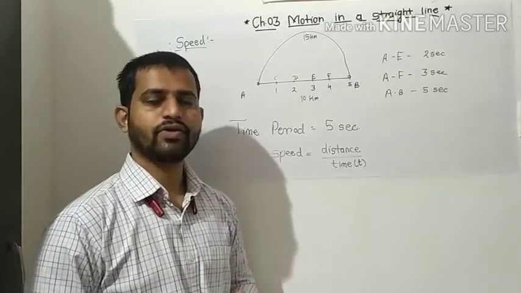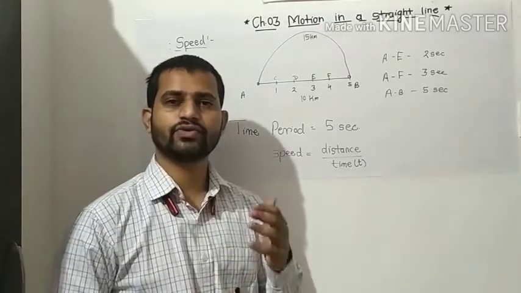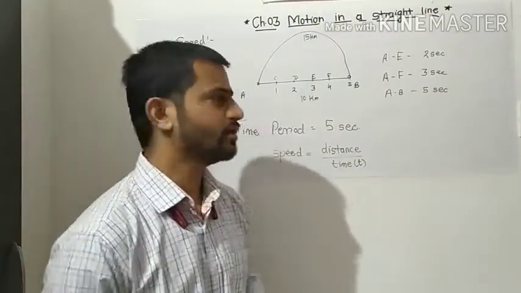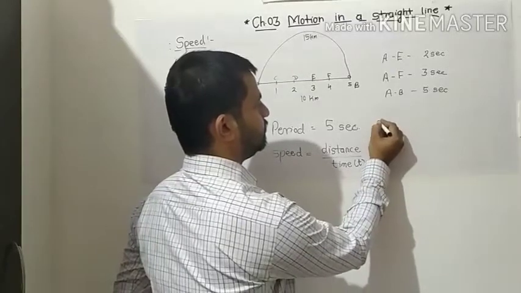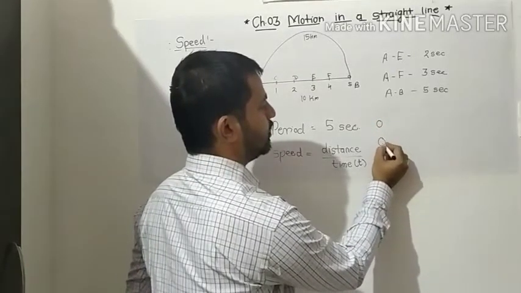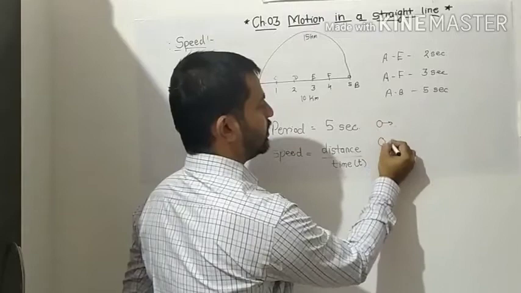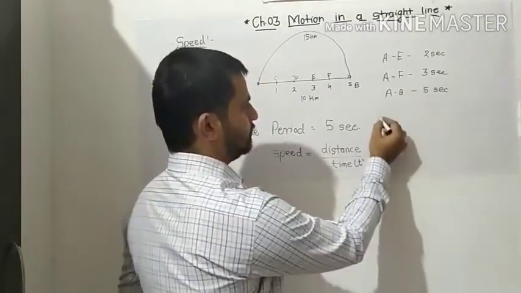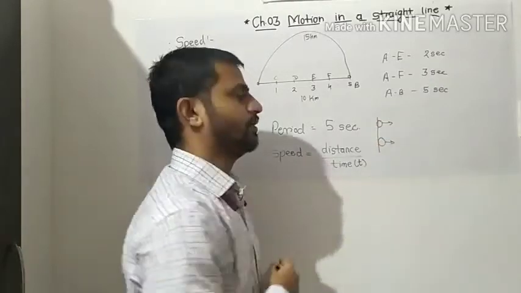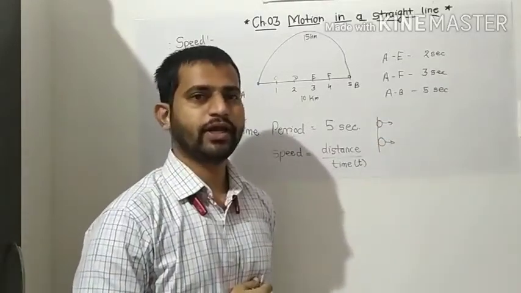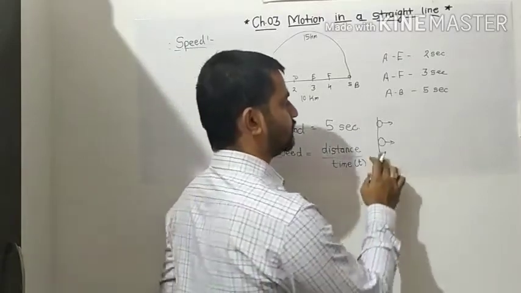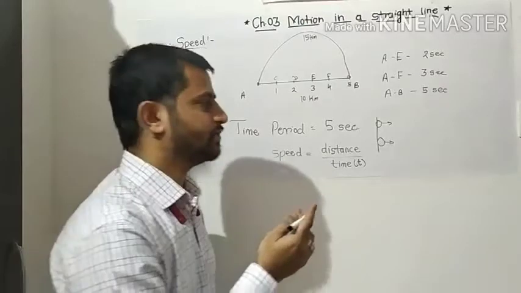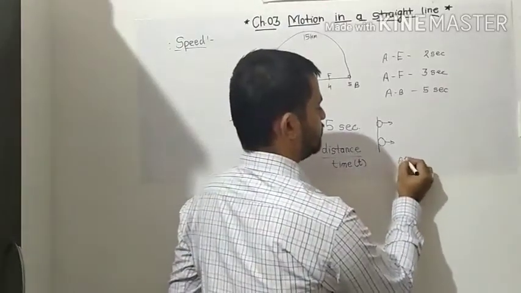Because if we compare two vehicles, suppose the two vehicles are starting from one point, traveling in a straight line path, and starting their change in position from this point, and they reach after some time period, suppose after 10 seconds.